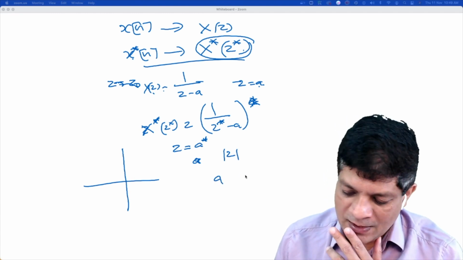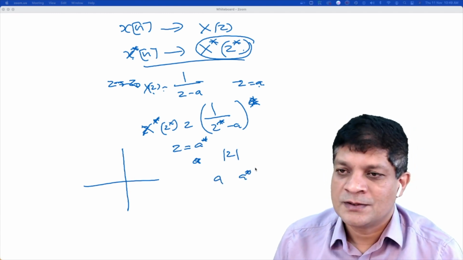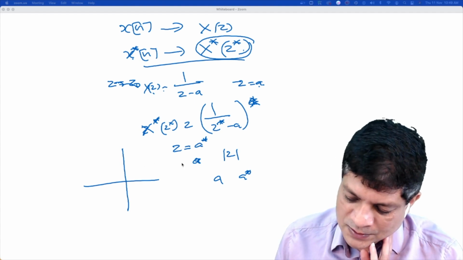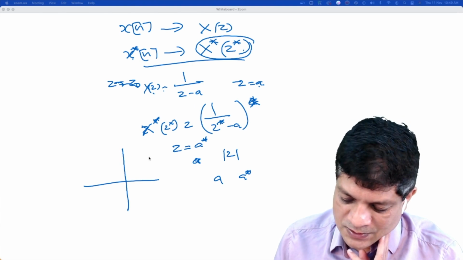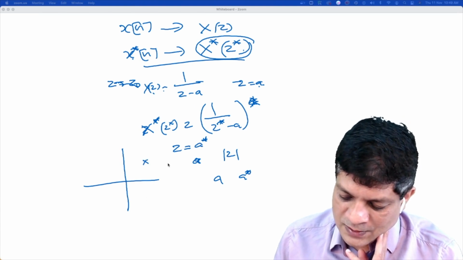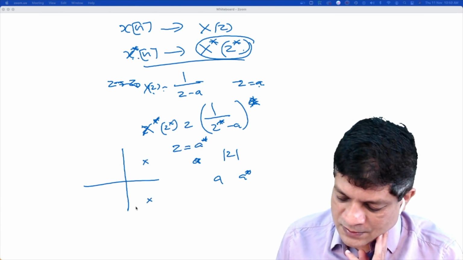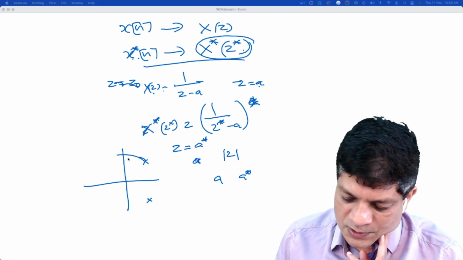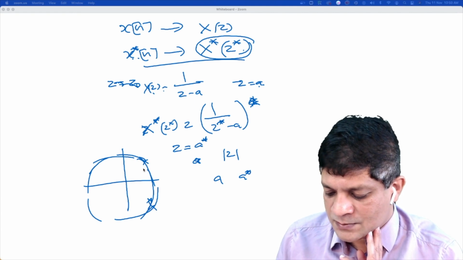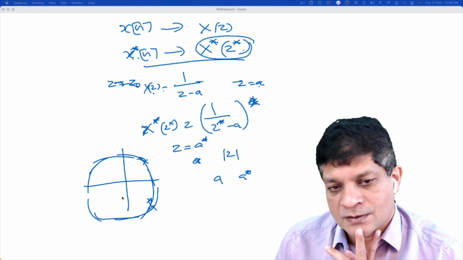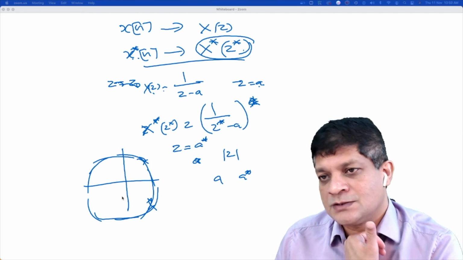A and A conjugate have the same magnitude, so the shape of the ROC won't change. Suppose there is a pole here, and if you take the conjugate, it is here, and both of them lie in a circle of radius mod A, isn't it? So the shape of the ROC won't change in this case.